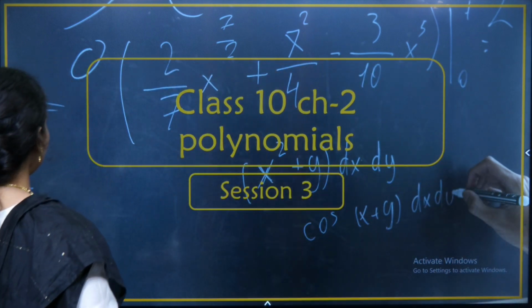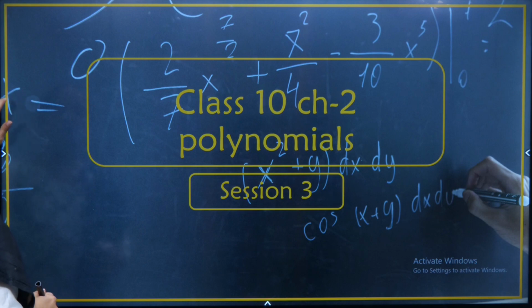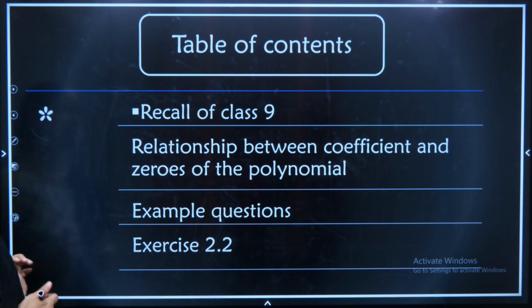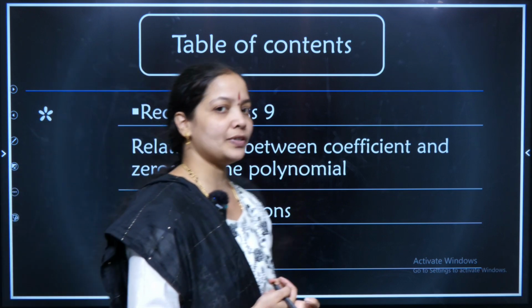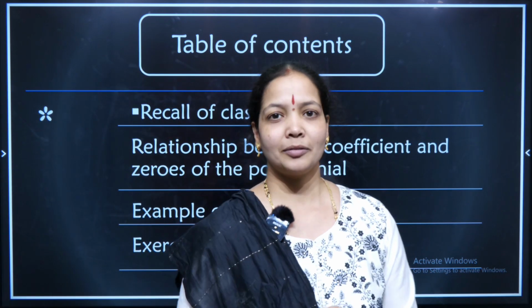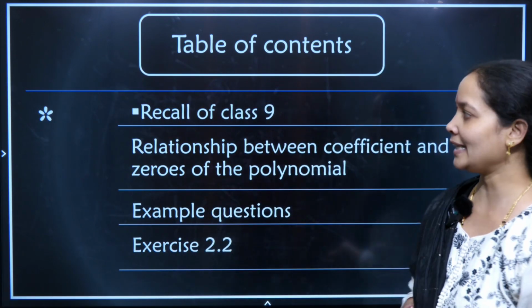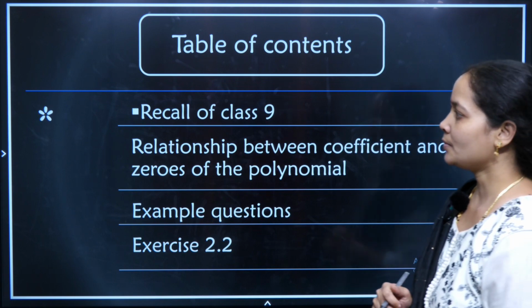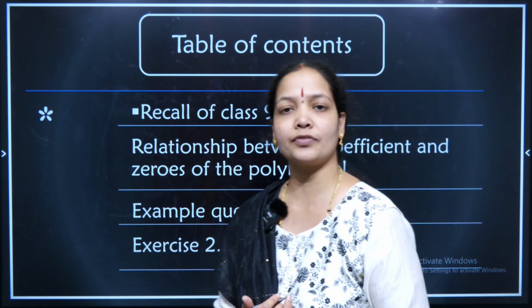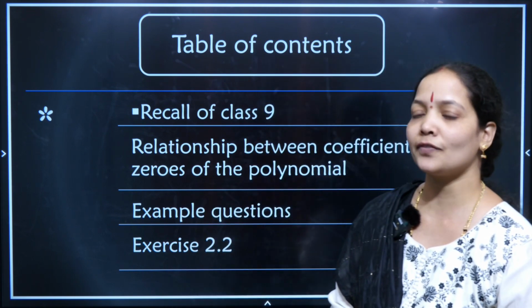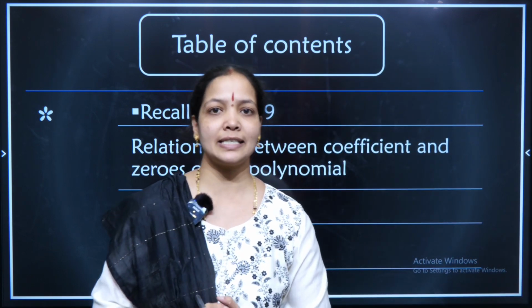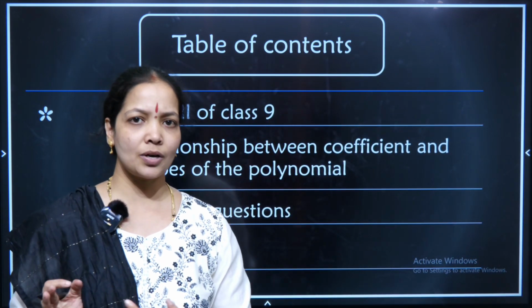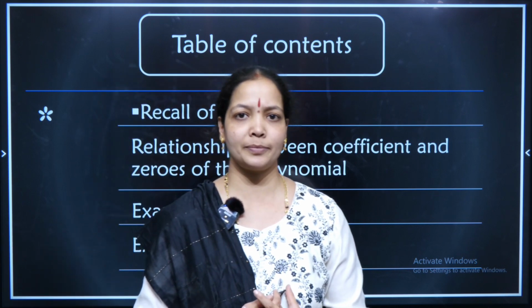Let us just analyze what is the content of the session. The content says we'll first of all recall splitting the middle term of class 9th. That is the factorization technique of class 9th we'll be recalling, because many of the students find it difficult. I want all my students to be well versed in the basic concepts, so I do all the basic concepts whenever a concept is starting.